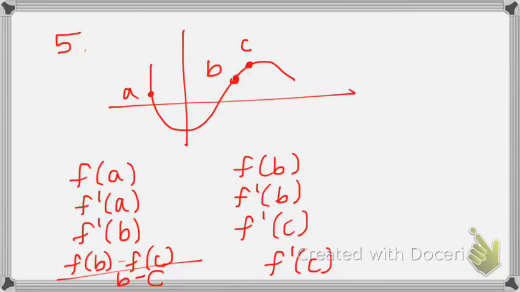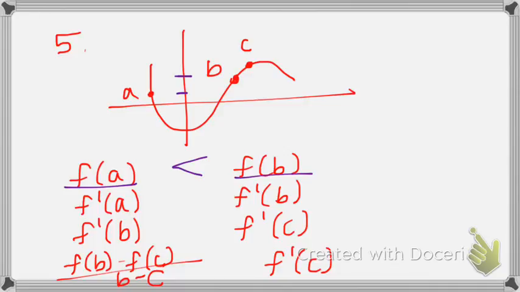All right. Another question it might ask you is like this, where they give you a function and they tell you where things are. And they might say, okay, is f of a bigger or smaller than f of b? Well, f of a and f of b is talking about the y value. So I don't have to find it exactly, I just have to know which one's bigger and which one's smaller. Well, b has a bigger y value than a, so it would look like that.